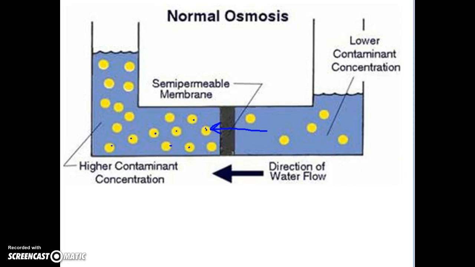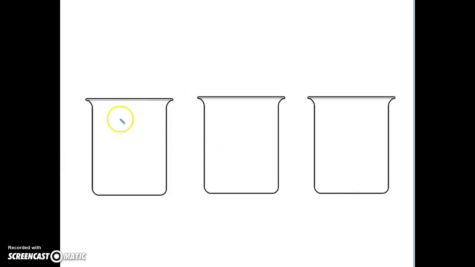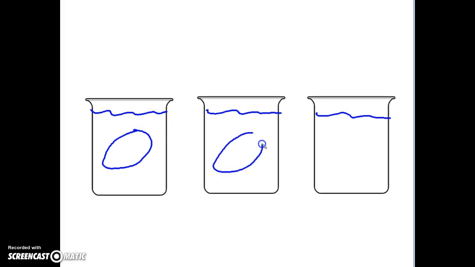So then we have to look at the three different solutions that a cell could find itself in. Okay, so we'll make three solutions, and we'll put three cells in them. Okay, and let's just pretend this is the cell, this is the sac, okay? And we'll have one solution where there's more solute on the outside of the cell than there is on the inside of the cell.